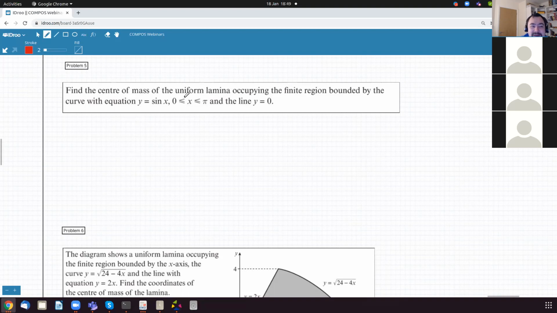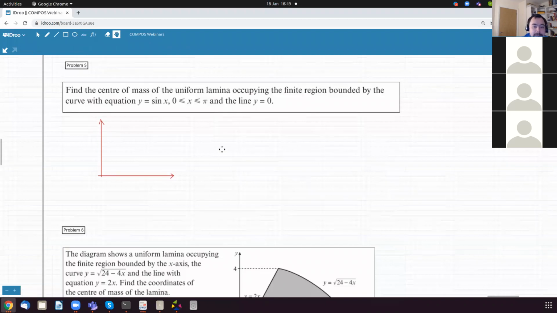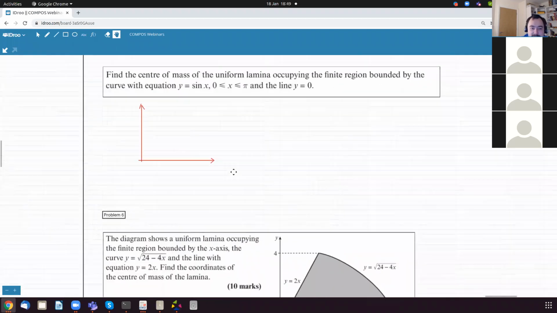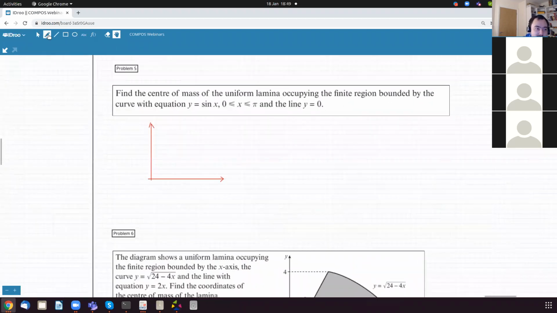Okay, find the center of mass of the uniform lamina occupying the finite region bounded by the curve with equation y equals sine x and the line y equals 0. So a sketch, of course, always. So y equals sine x between 0 and pi.